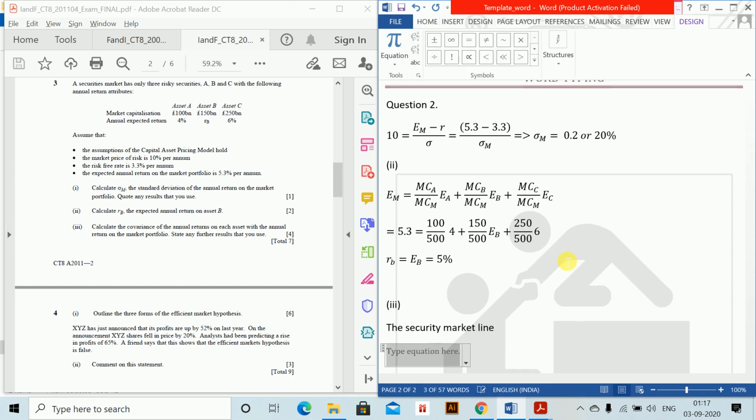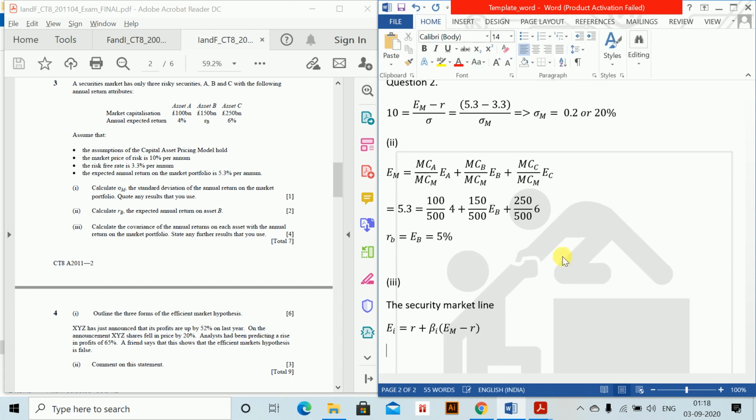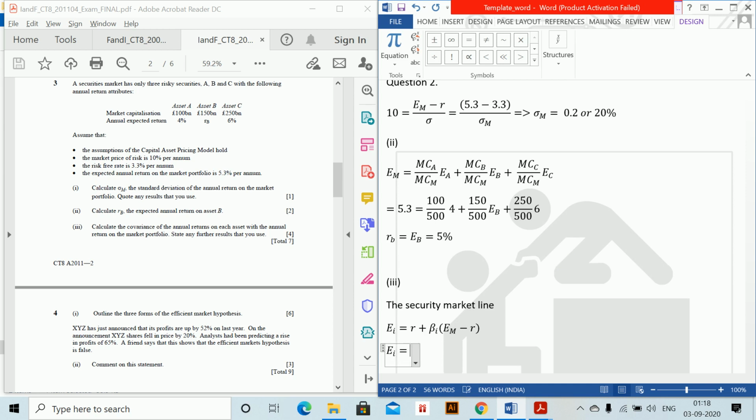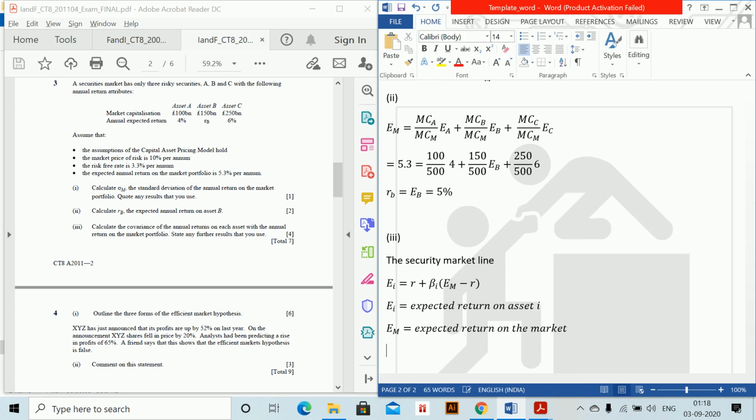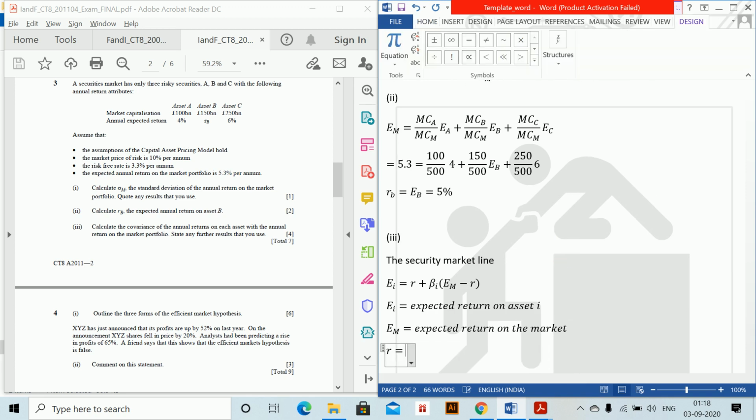The SML is E[I] equals R plus β_I times (E[M] − R), where E[I] is the expected return on asset I, E[M] is the expected return on the market, and R is the risk-free rate.